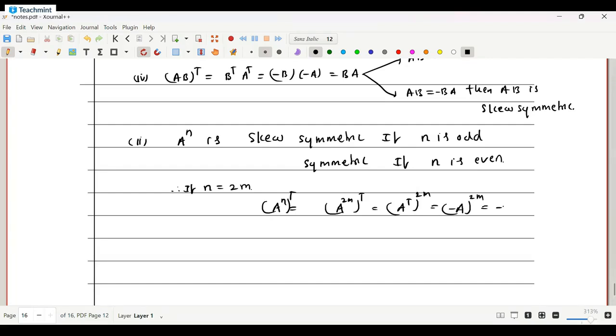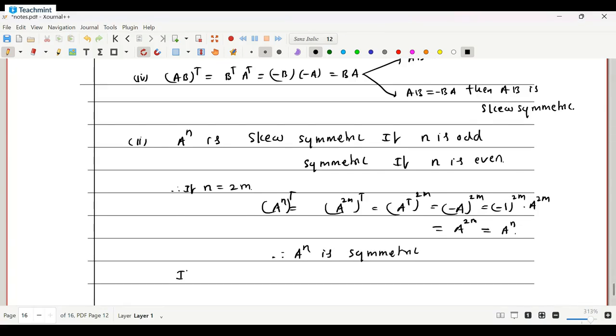So which is equal to (minus 1) whole power 2m into A power 2m, which is equal to A power 2m, since 2m is an even number, so minus 1 power even number is equal to 1. Therefore, which is equal to A power n. So A power n whole transpose equal to A power n. Therefore, A power n is symmetric.